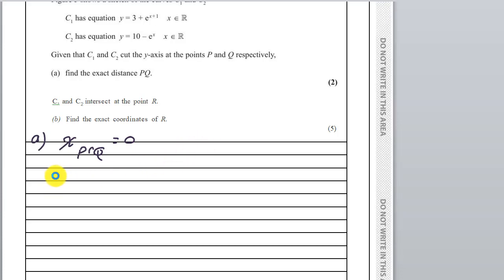So let us start now. y_B equal to 3 plus e^(0+1). So it's equal to 3 plus e. y_Q is equal to 10 minus e power 0. So 10 minus 1 equal to 9.